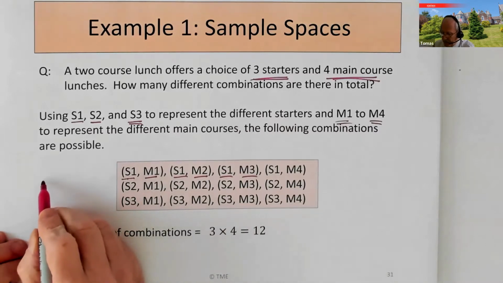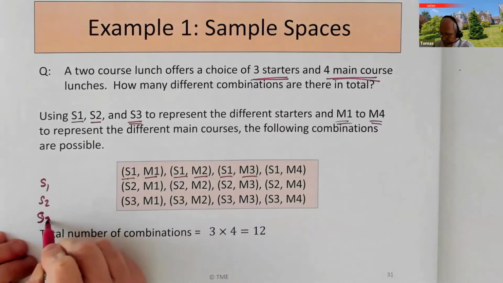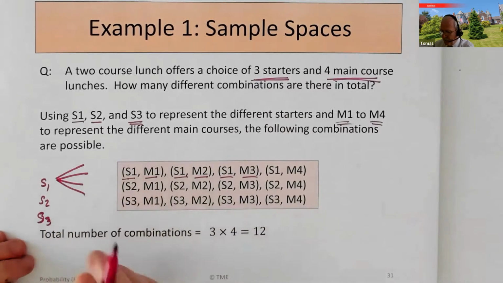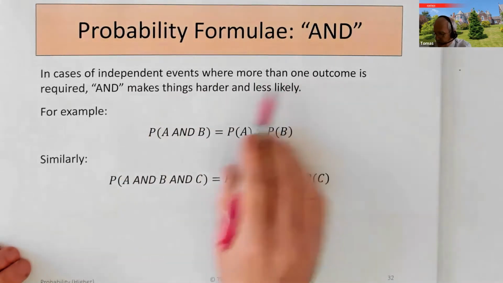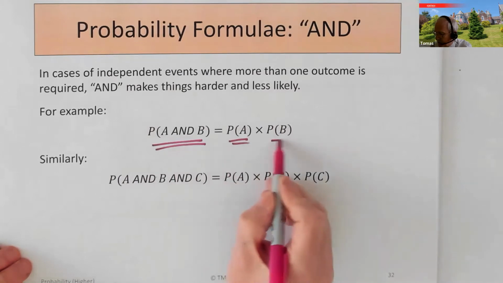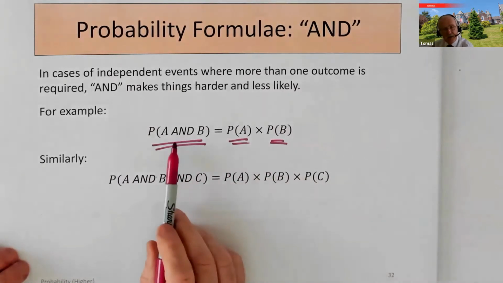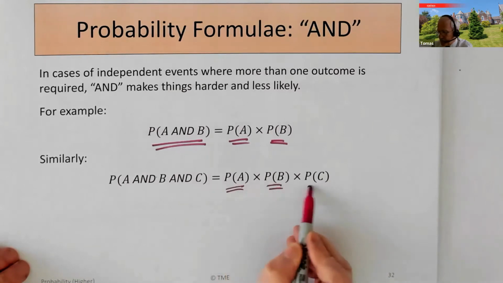So we can say S1, S2, S3, and for each of these you have 4 options. So if they're independent, basically the number of them will be just one by the other. So they're A and B. And the same if you had 3 options.